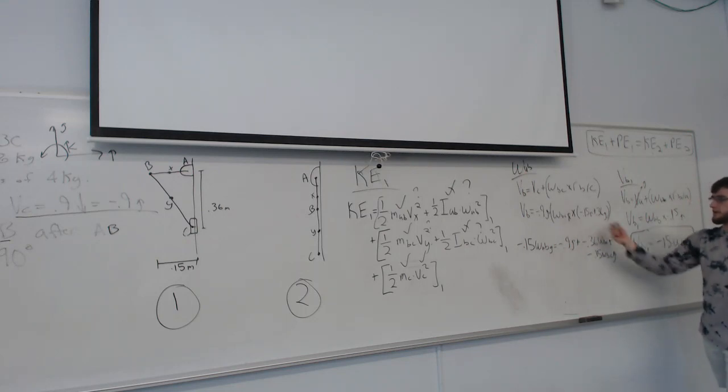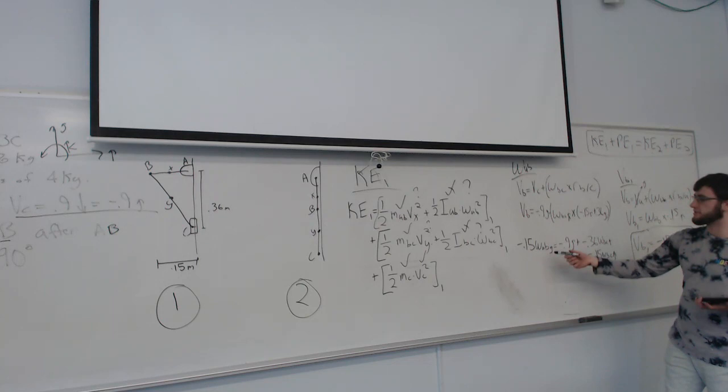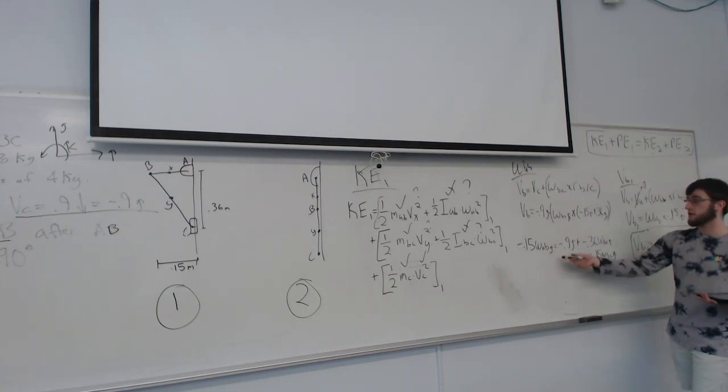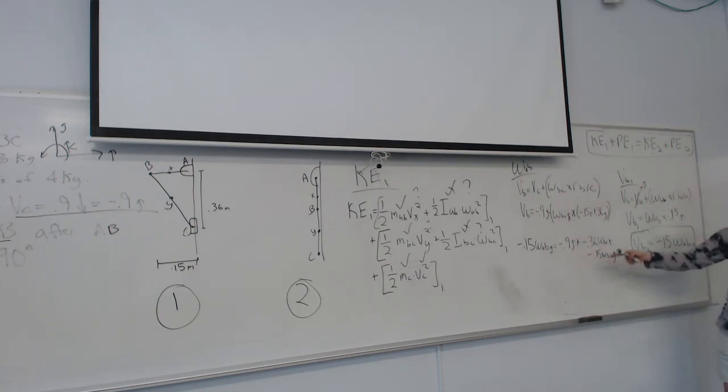After doing the cross product here and then expanding things, this is what I get. Negative 0.15 times the angular velocity of AB in the j direction, and that's important, equals negative 0.9 in the j direction plus negative 0.36 times the angular velocity of BC in the I direction minus this.